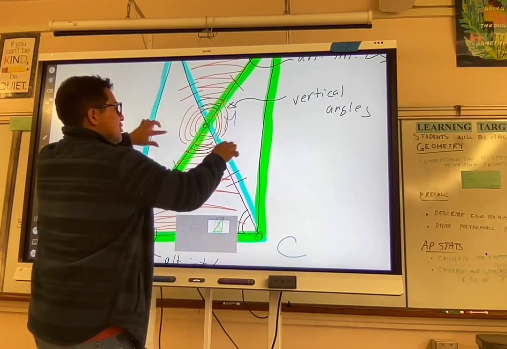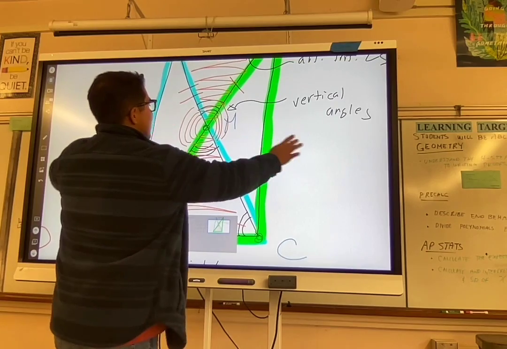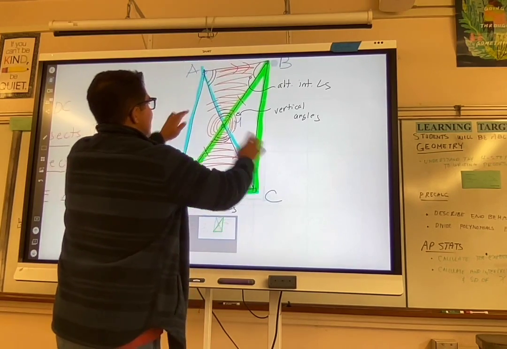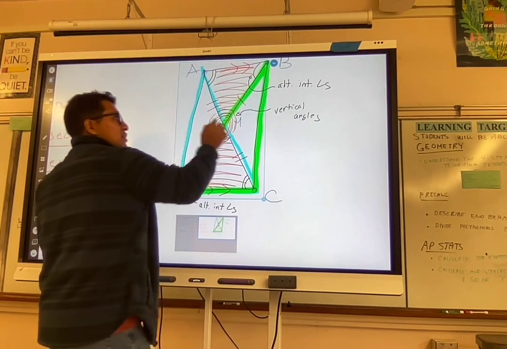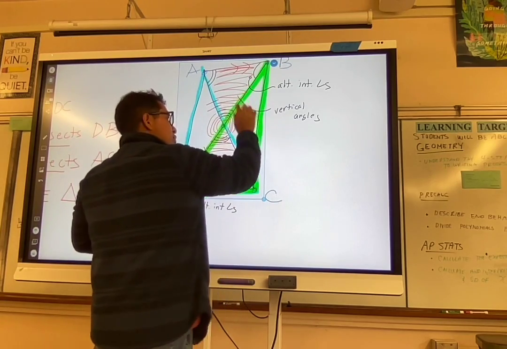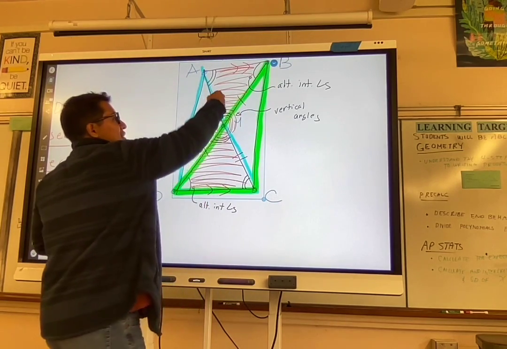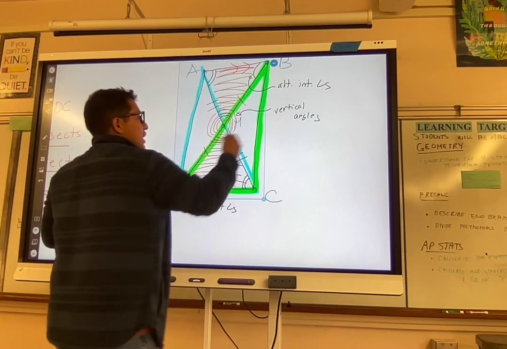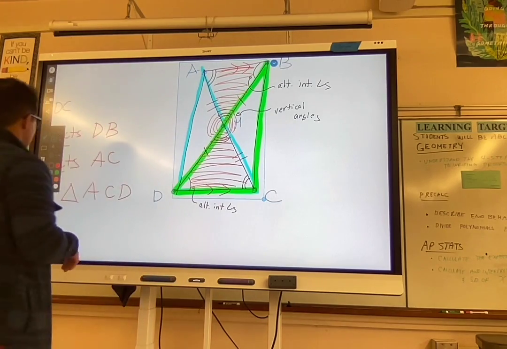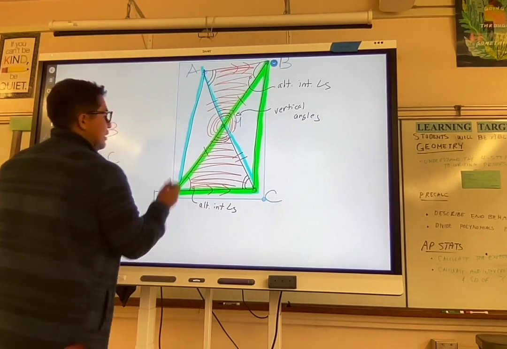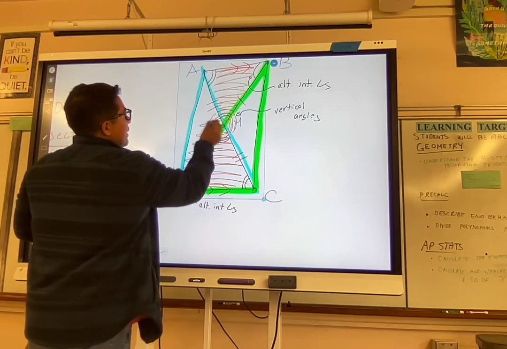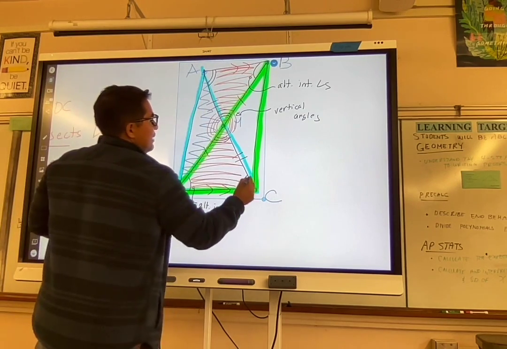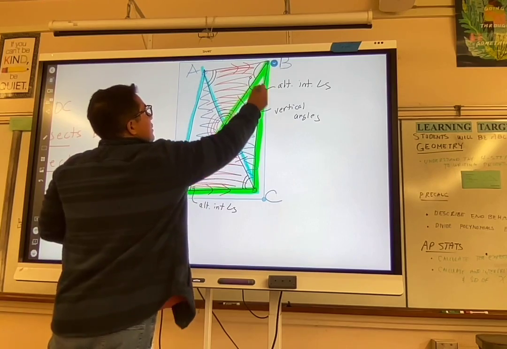Again, they're still vertical angles. So what I could say is this big left white triangle is congruent to this big right white triangle as well by side, angle, side. Using side, angle, side, we could show that this triangle has to be congruent to that triangle.